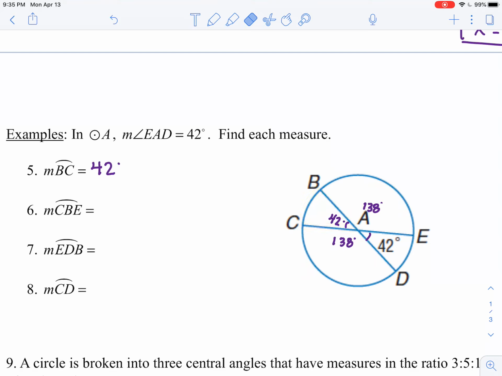Question number 6 asks for the measure of arc CBE. So that means I start at C, pass through B, end at E. We can see that arc is a perfect semicircle, so it must be 180 degrees.